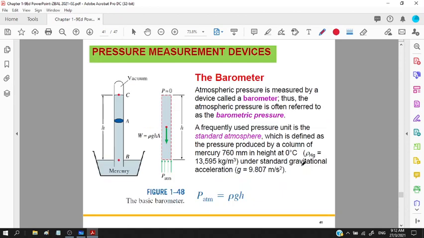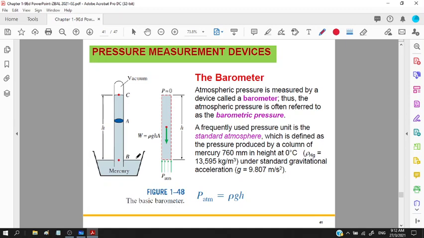Now we go for the barometer. What is a barometer? The barometer is a device that is used to measure the atmospheric pressure. And we see that point B right here is subjected to atmospheric pressure.